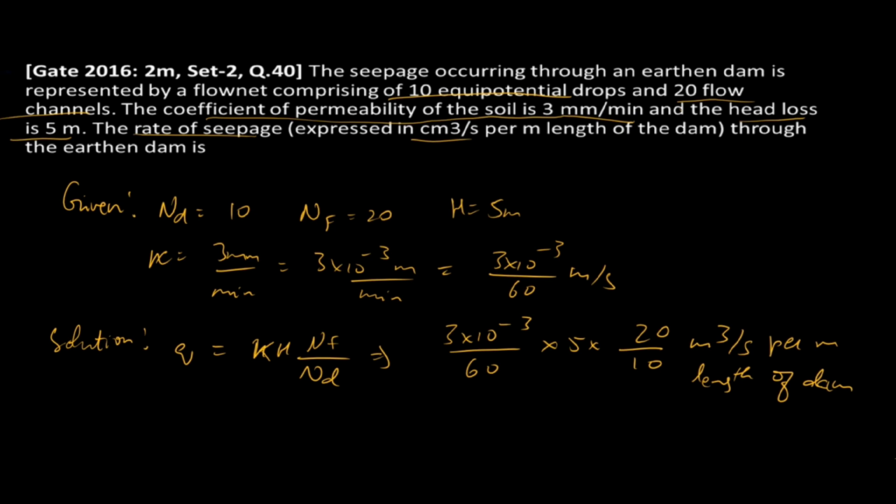which gives 1 by 2, which is nothing but 0.5 into 10 to the power minus 3 meter cube per second per meter length of dam.